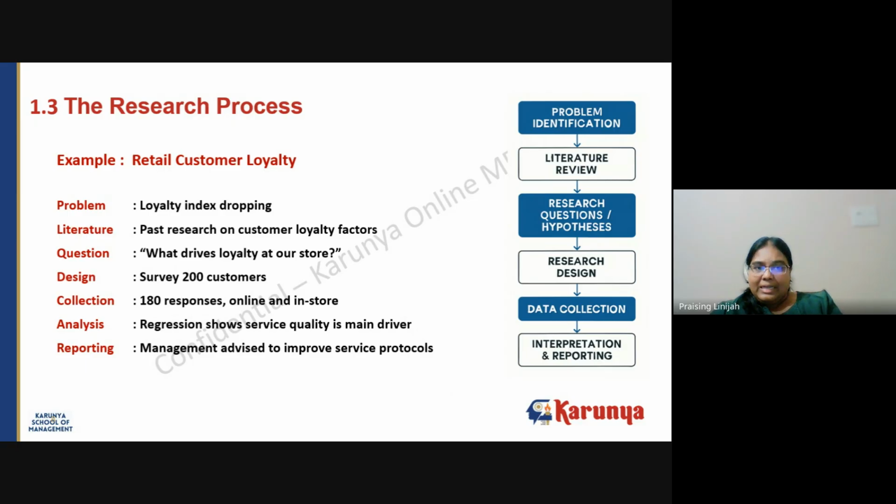The report recommends improving service protocols, which might include training the existing staff more to provide better services, or a fresh batch of trained staff who could render better service.